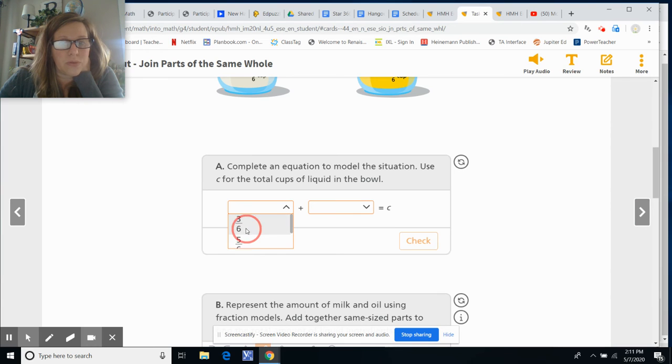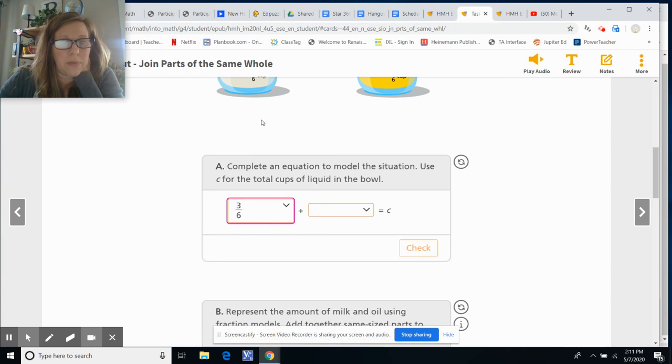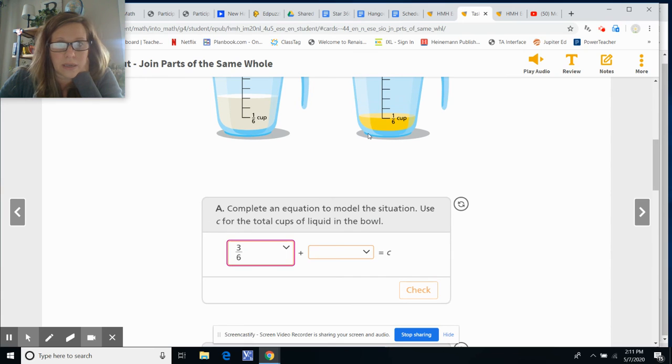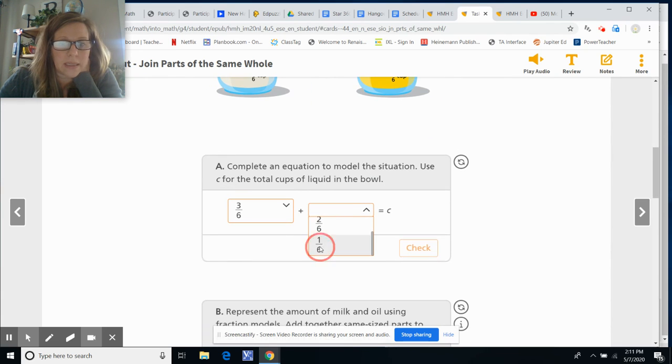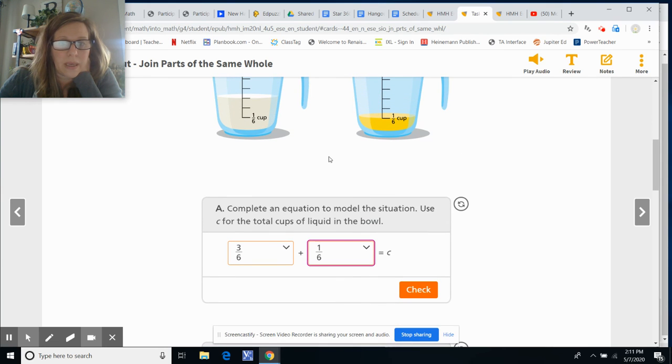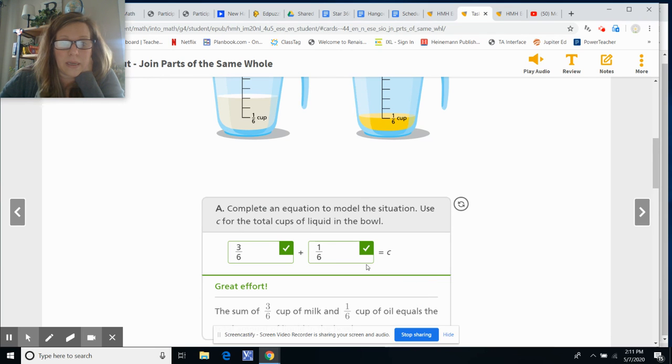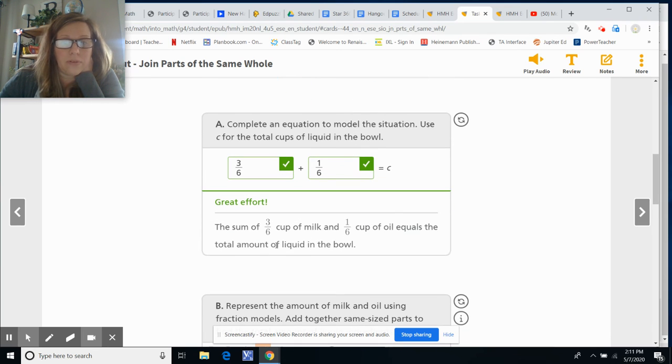So we said that there's a 3/6 cup of milk. And then you're going to add the 1/6 cup of the oil. Now remember, the question is how many total cups of liquid are going to be in that bowl. Okay? And if you added them together, you're going to get C.